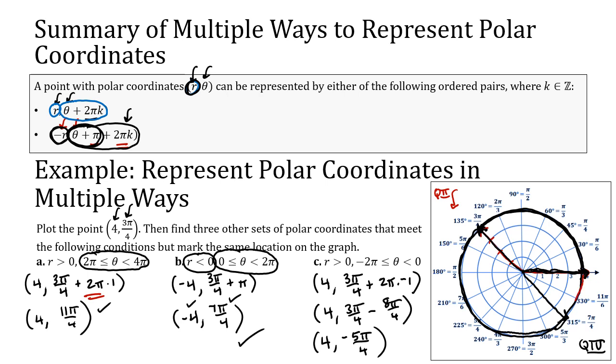So I'm going to go all the way to -4 pi over 4, -pi, and I'm going to land in that second quadrant, and I'm going to draw my directed line segment like you've seen me do, and because this 4 is a positive, I'm going to stay in that second quadrant, which is exactly where I want it to be. So that is how you go about writing a polar point in different ways with different conditions.